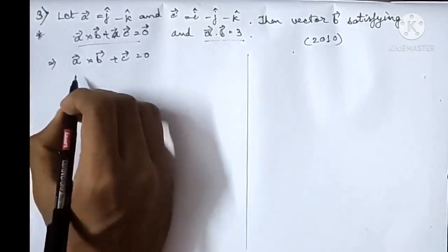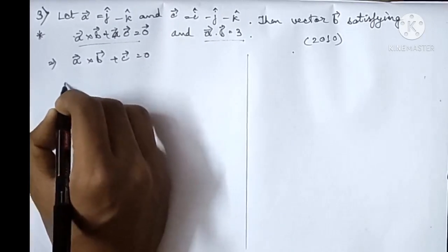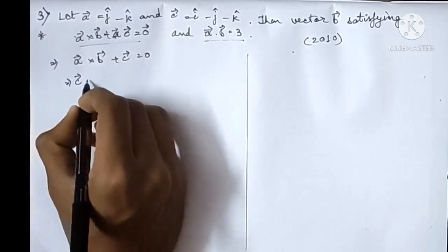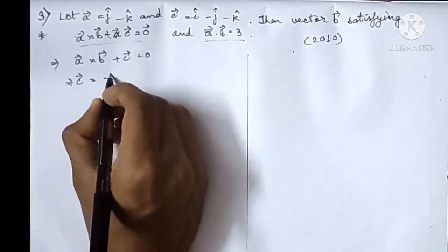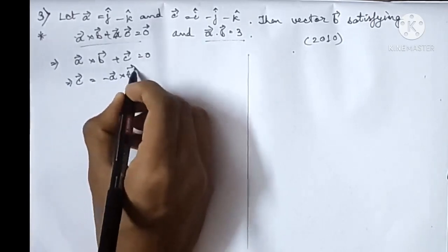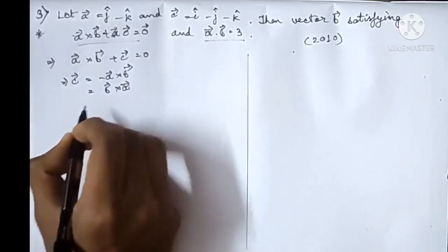We are writing it as 0, you can write it as 0 also. So now it goes as C vector is equal to minus of A vector cross B vector, that is also equal to B vector cross A vector, as I have told you before.